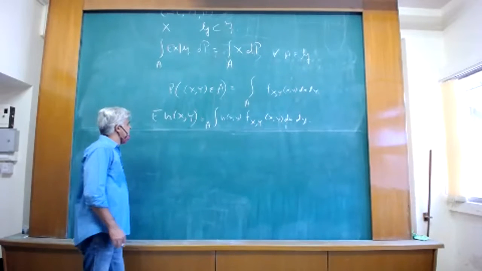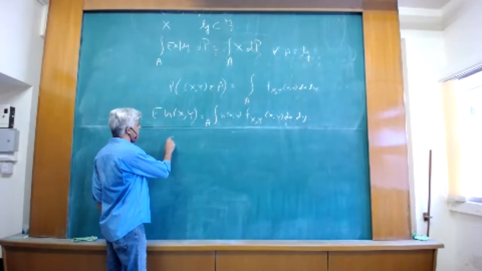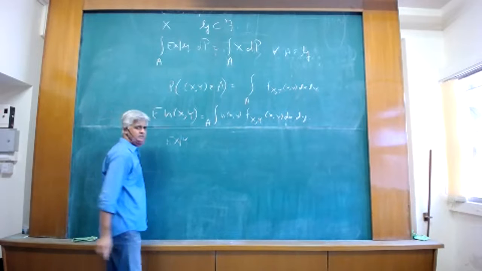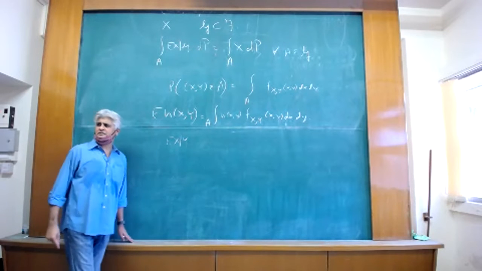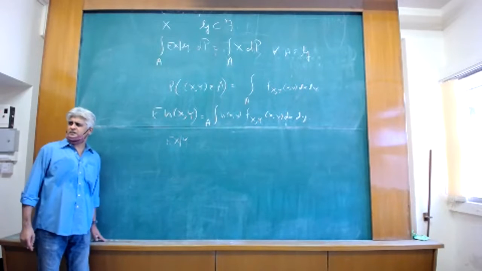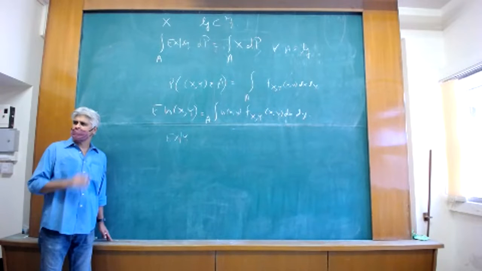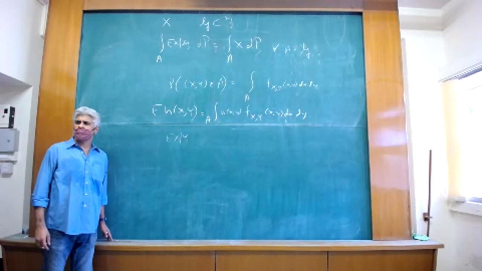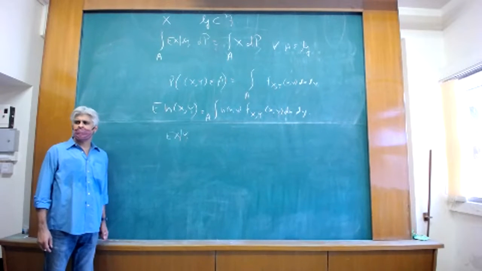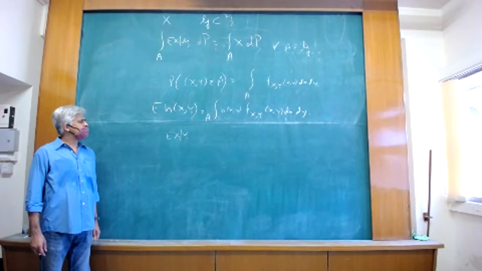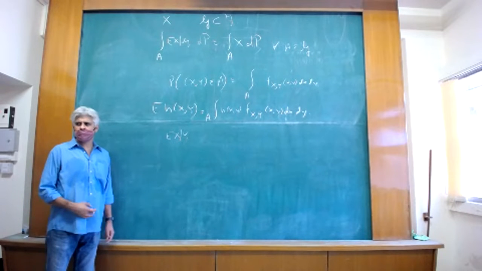Now we want to define E of X given Y in this setting, a random variable of X given Y. So what's a candidate? Yes, you have to integrate over y, that's true.